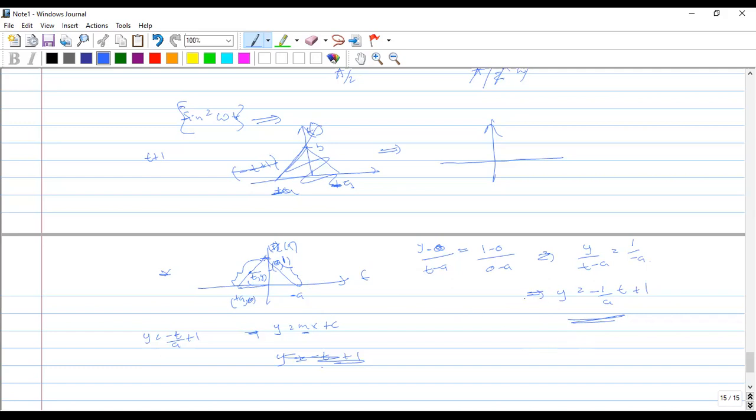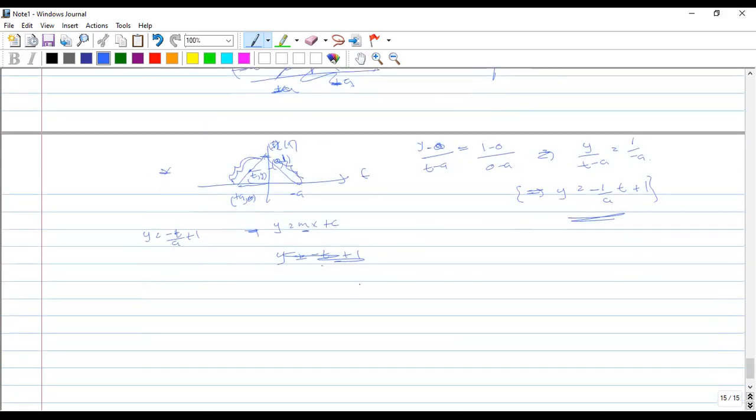Evaluate this part also: you can get 2 points and equate the gradient. Then you can find this one and this one. So you have to find the Fourier transform of both signals separately. This signal, say x(t), this kind of signal you have.